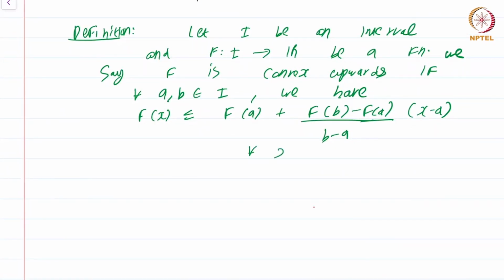This is for all x in the open interval (a, b).